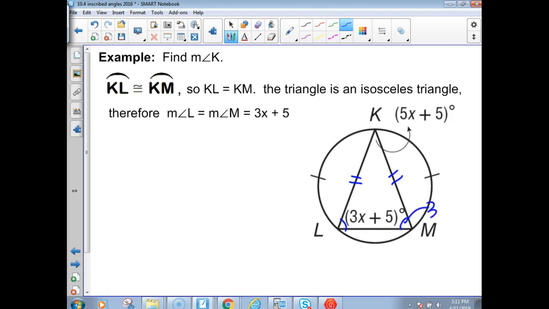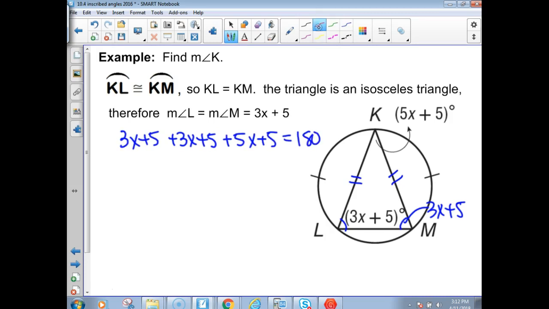We can put 3x plus 5 on angle M then, just like angle L. And the angles of a triangle add up to 180. We had 3x plus 5 plus 3x plus 5 plus 5x plus 5 equals 180. Add up your x's.